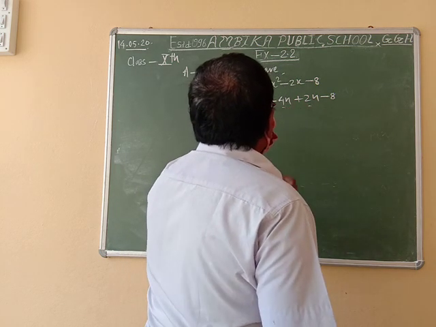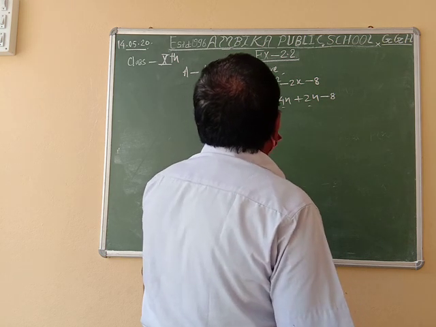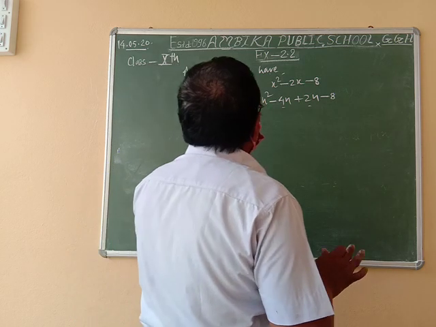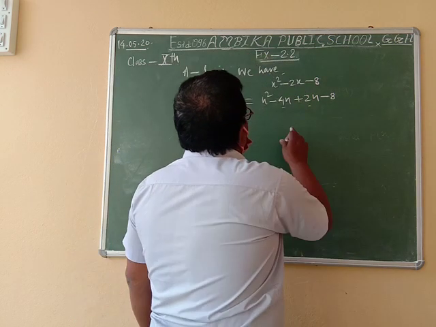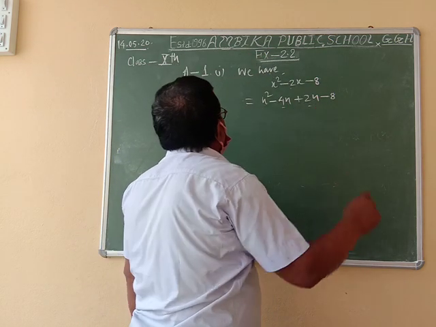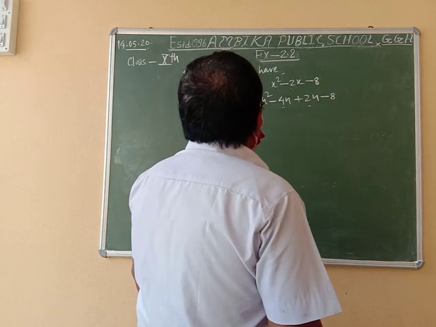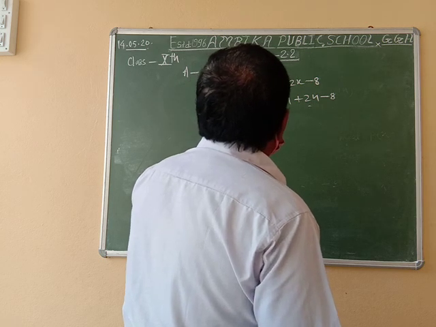We take two such factors of 8 whose sum is minus 2 and their product will be minus 8x square.